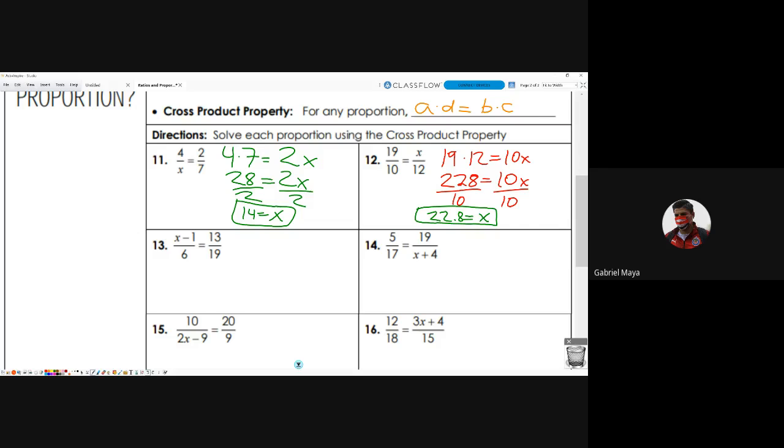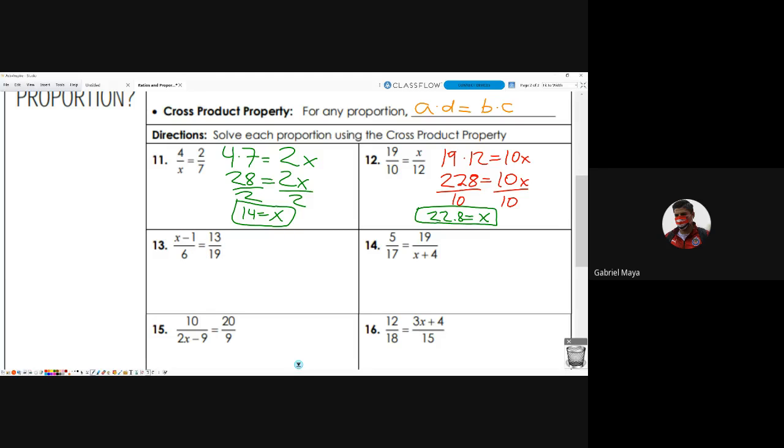Okay. Cross multiply. So let's go ahead and do this one, because you're going to multiply this, and you're going to multiply this. You're going to set them equal to each other.